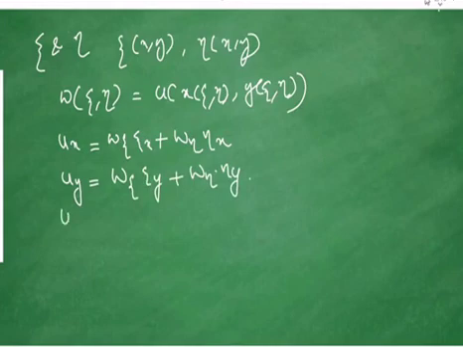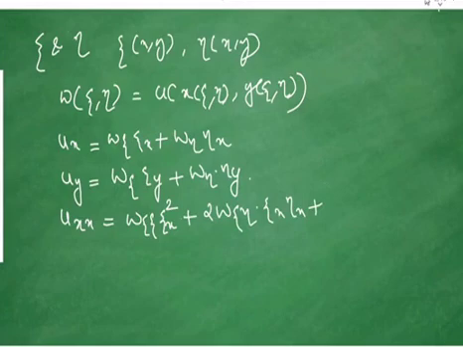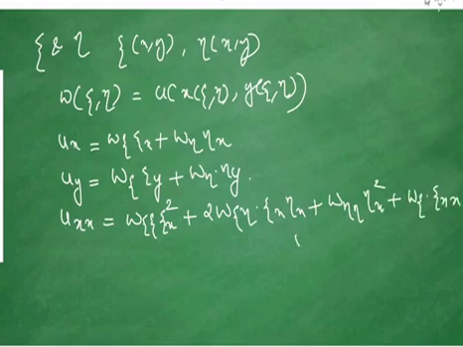And uxx we have obtained as w theta theta into theta x square plus 2 w theta eta into theta x into eta x plus w eta eta into eta x square plus w theta into theta xx plus w eta into eta xx.